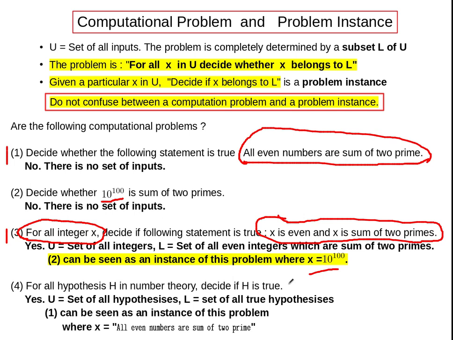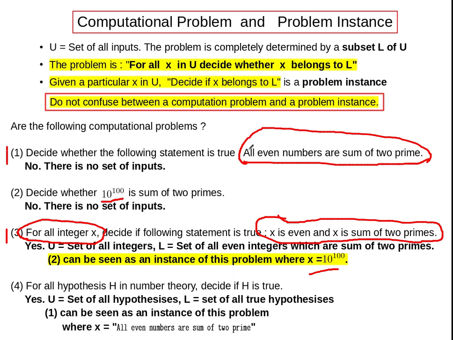If you have studied formal logic, you know that you can express statements in number theory in first order logic or second order logic. So you can express any hypothesis in number theory as some kind of string, and given that string, you are asking whether that statement is true or false.